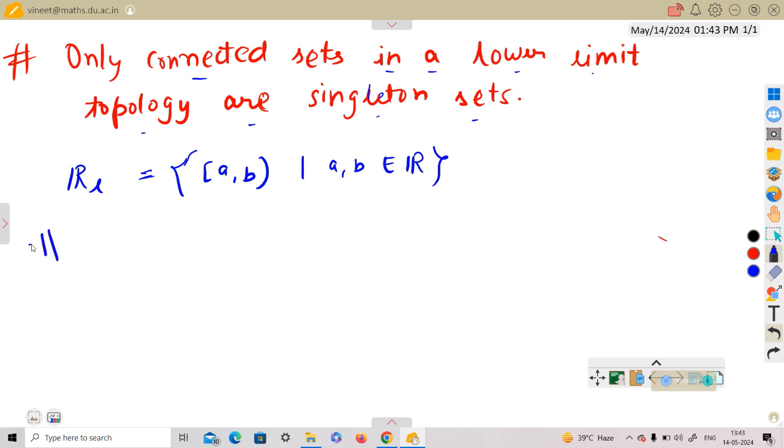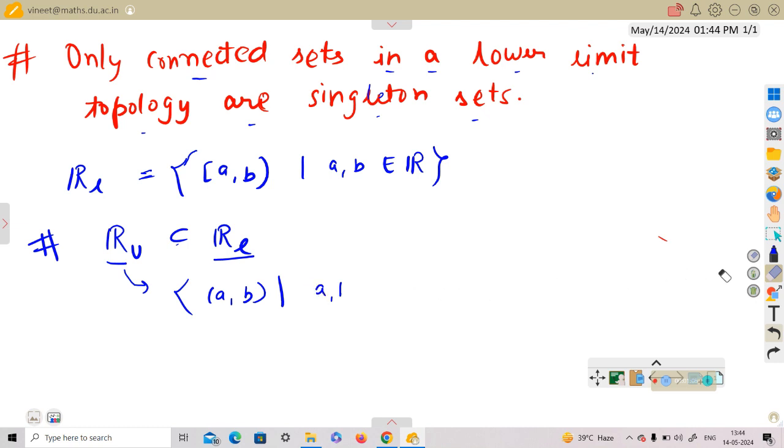Okay, one of the key ideas here is that our usual topology is a subset of the lower limit topology. That is, every open set in the usual topology is open in the lower limit topology. So in the usual topology, we have open sets like this. These form the basis, (a, b), where a, b belong to the real numbers.